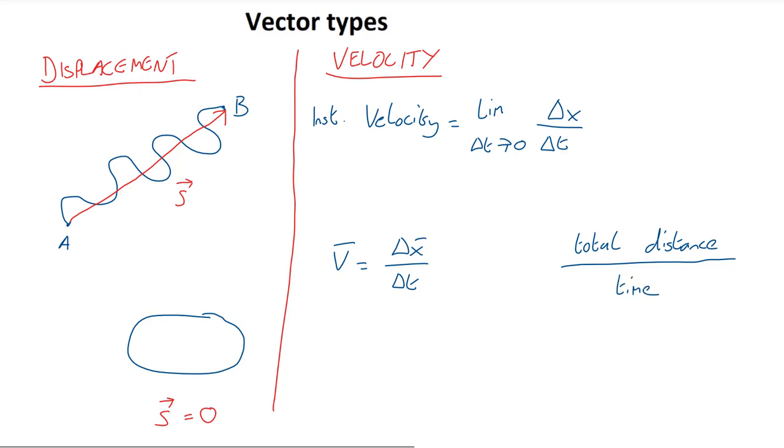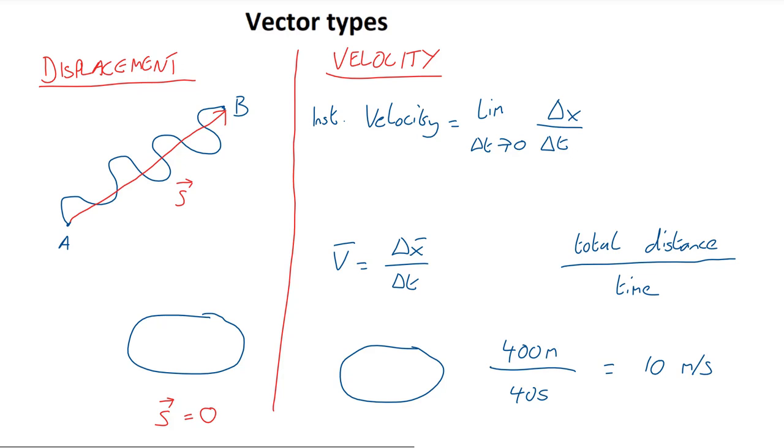If we again look at our athlete running a lap of a track, then the average speed in that case would be equal to the total distance divided by the total time. The total distance of a typical running track is 400 meters. And let's assume that our athlete ran that race in a very quick time of 40 seconds. The average speed would then be 400 meters over 40 seconds, which is 10 meters per second.